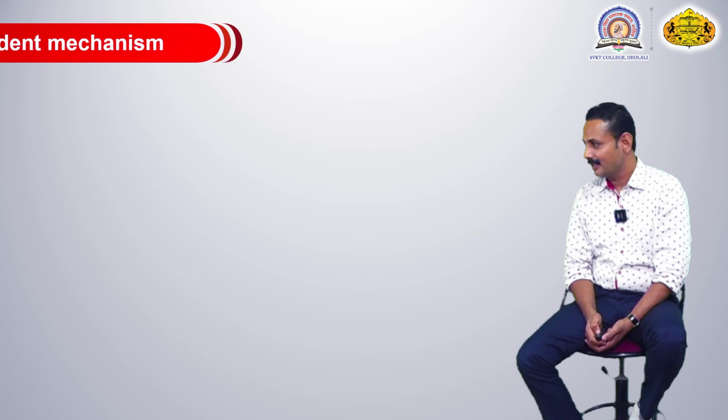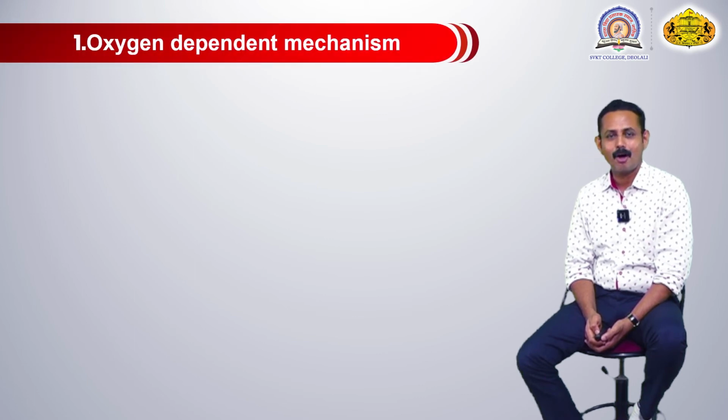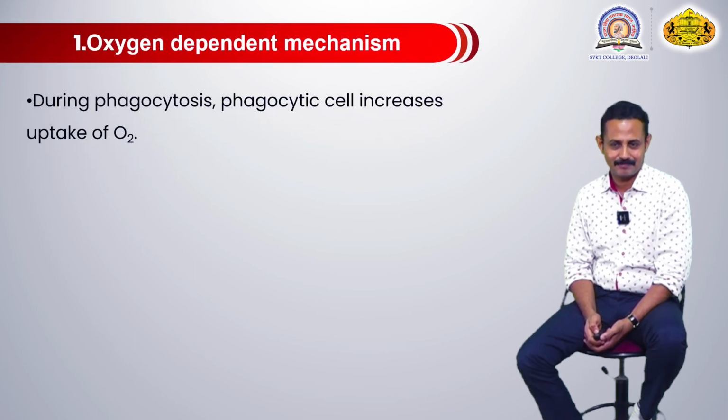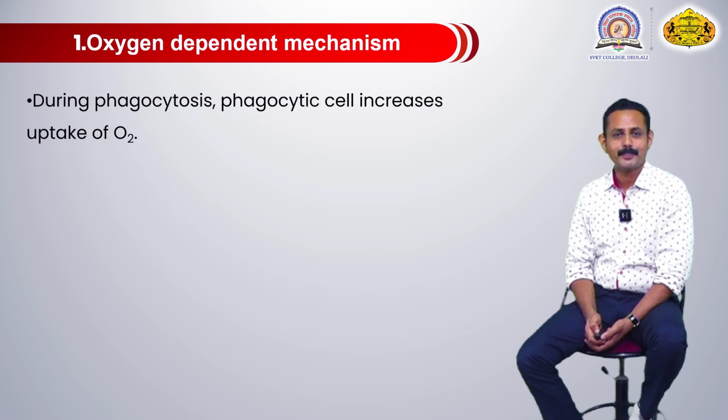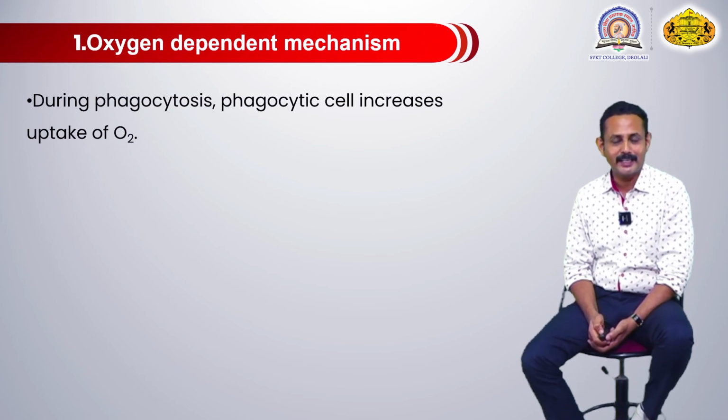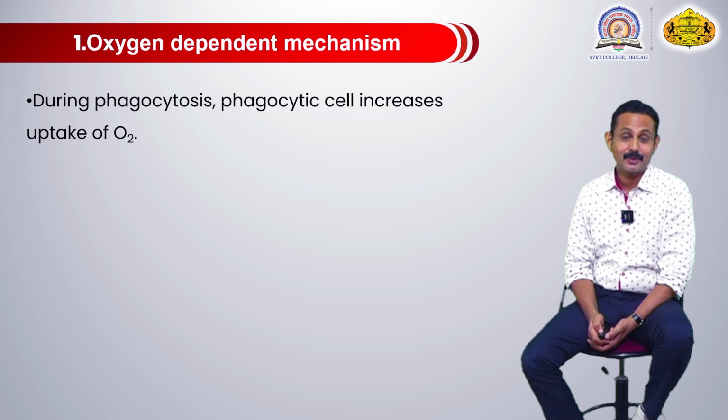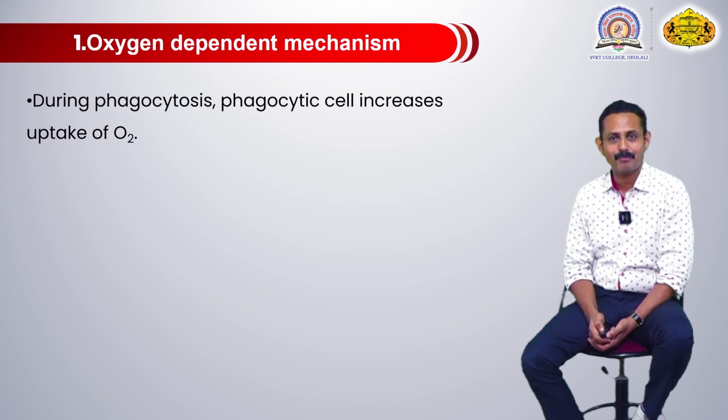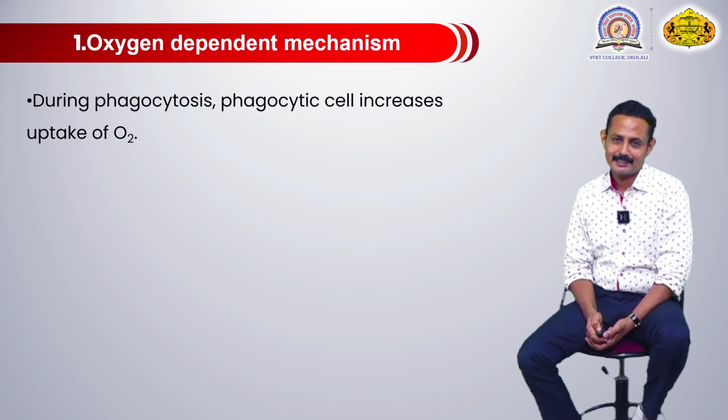Now let us see each mechanism in detail. The first is the oxygen dependent mechanism. During phagocytosis, the phagocytic cell increases its uptake of oxygen, meaning the respiratory rate of the phagocytic cell is increased. Due to that, more oxygen is taken from the blood and diffused into the cell cytoplasm.